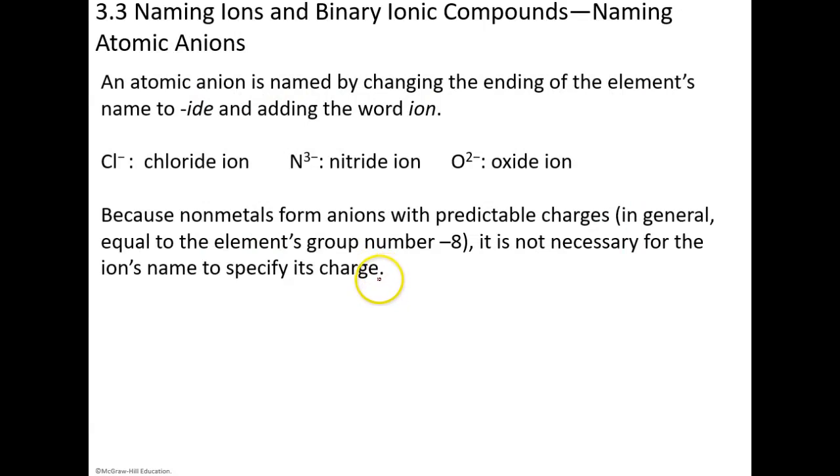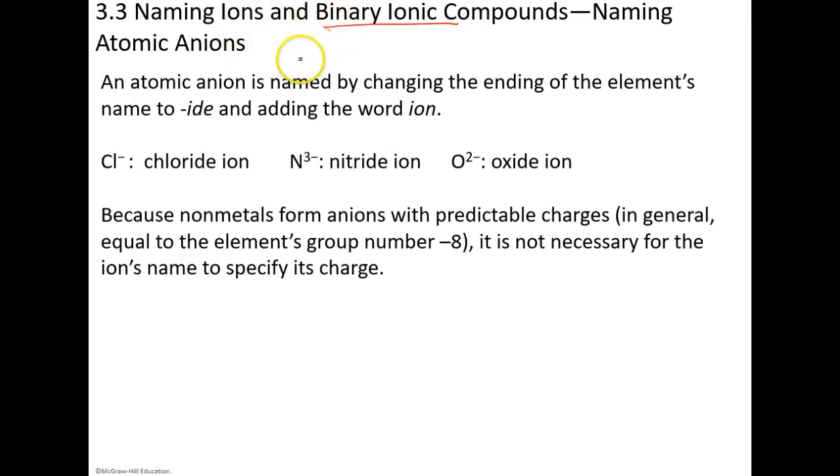Now let's get to naming. Okay, so we've talked about type 1, type 2, writing formulas. It's exactly the same. You do the crisscross applesauce, lowest common multiple. Just in the type 2, in the transition metals, you have more than one possible charge. So writing formulas is very easy when you're talking about binary ionic compounds.